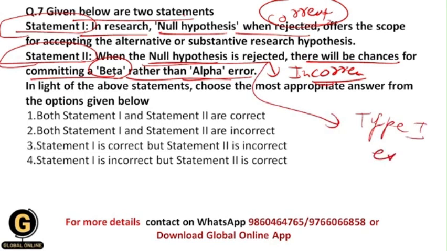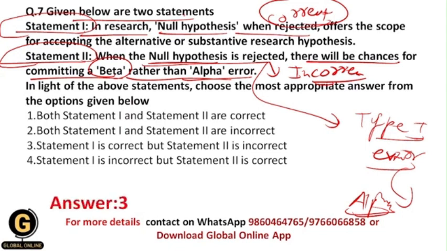Okay, not type 2 error, because within type 2 error we are going to accept the null hypothesis, we don't reject it, and the probability of occurring type 1 error is itself what? Alpha. Okay, and that's why over here there will be chances for committing alpha error. Okay, there should not be beta error, and that's why your correct answer should be 3, because over here statement 1 is correct but statement 2 is incorrect.